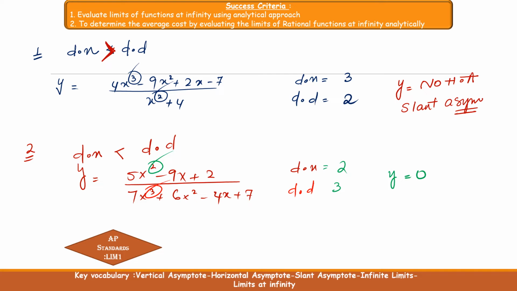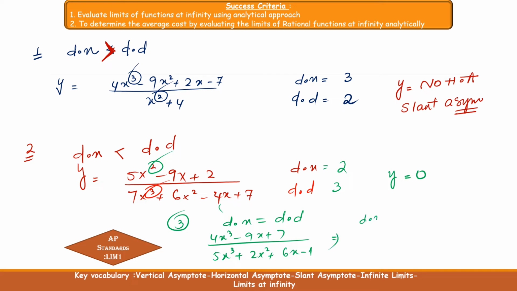Now understand the third case, when the degree of the numerator and the degree of the denominator are equal. Let's suppose (4x³ − 9x + 7) over (5x³ + 2x² + 6x − 1). What is the degree of the numerator? It is 3. What is the degree of the denominator?